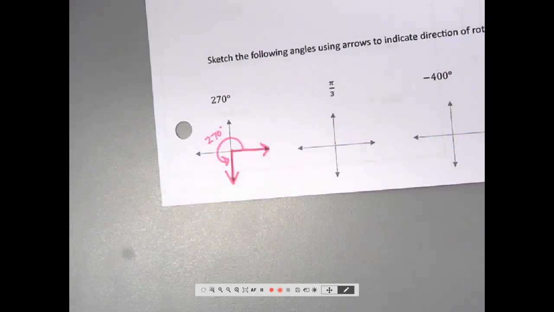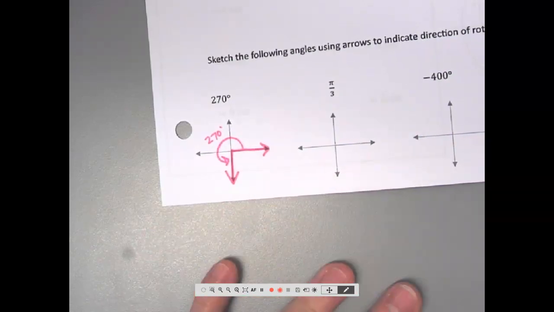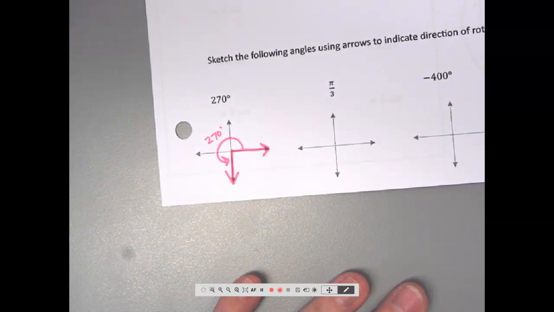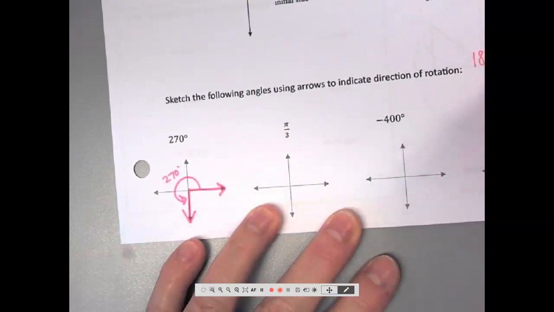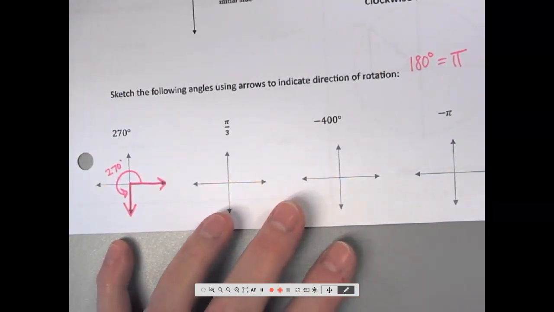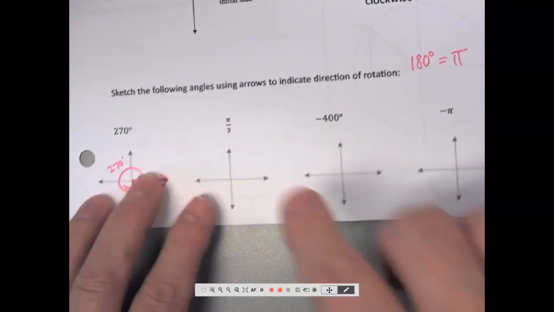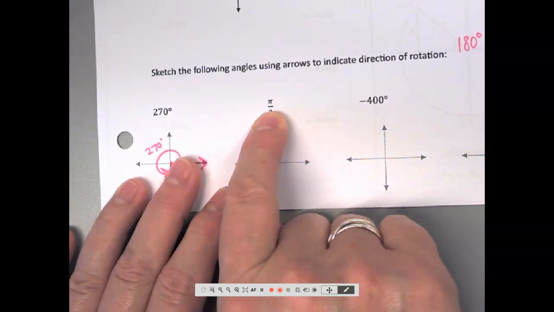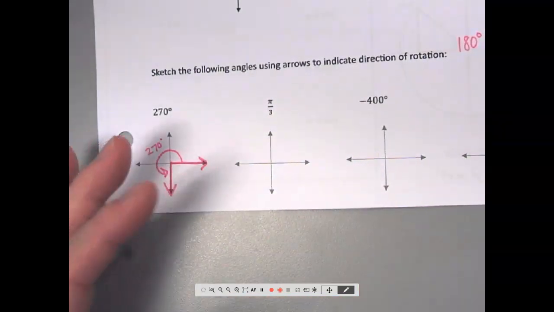Okay, so let's look at pi over 3. What's the fraction that we use to convert? We use that because 180 degrees is equated to pi radians, correct? Did I show y'all the quick mental way of converting some of these? You know that pi is the same as 180, so 180 divided by 3 is 60.